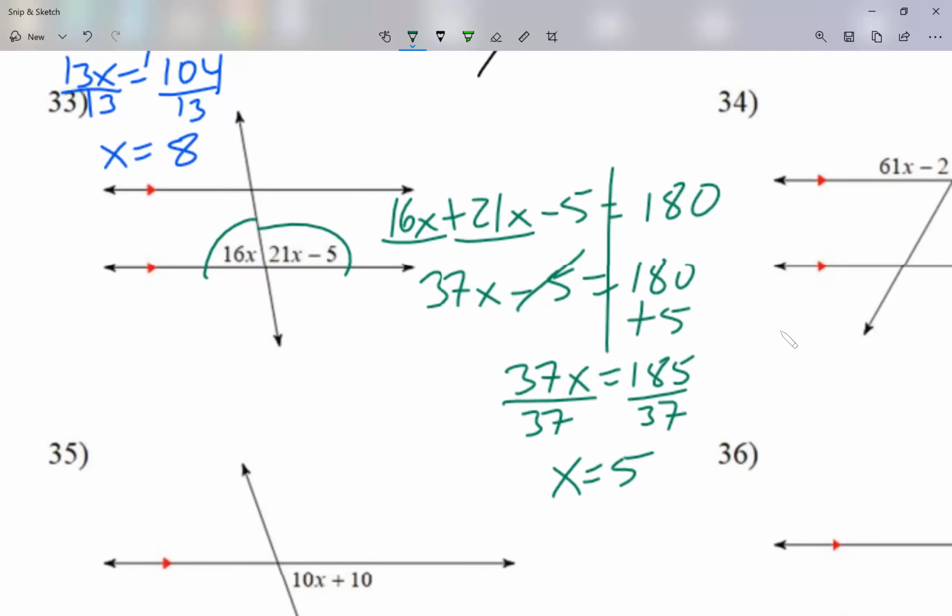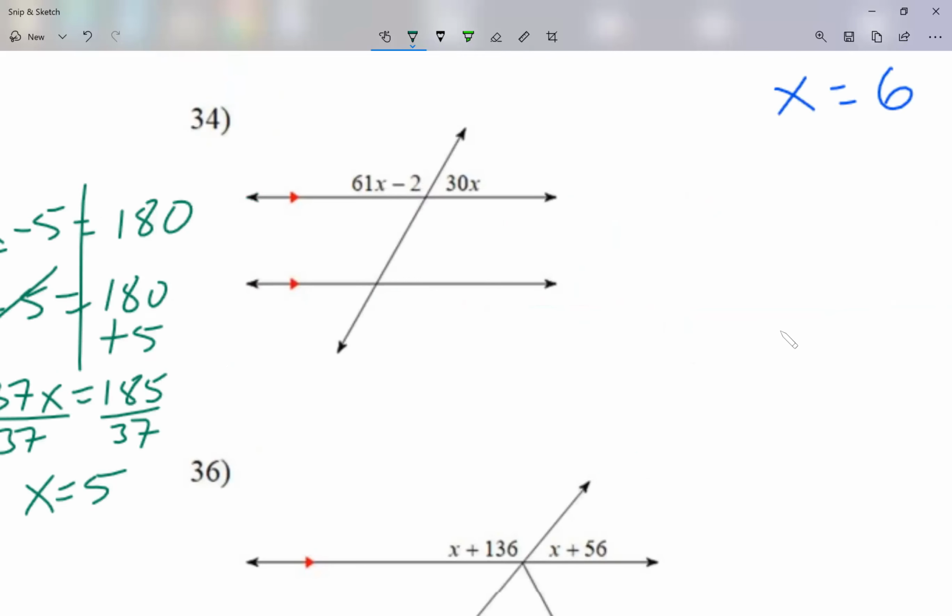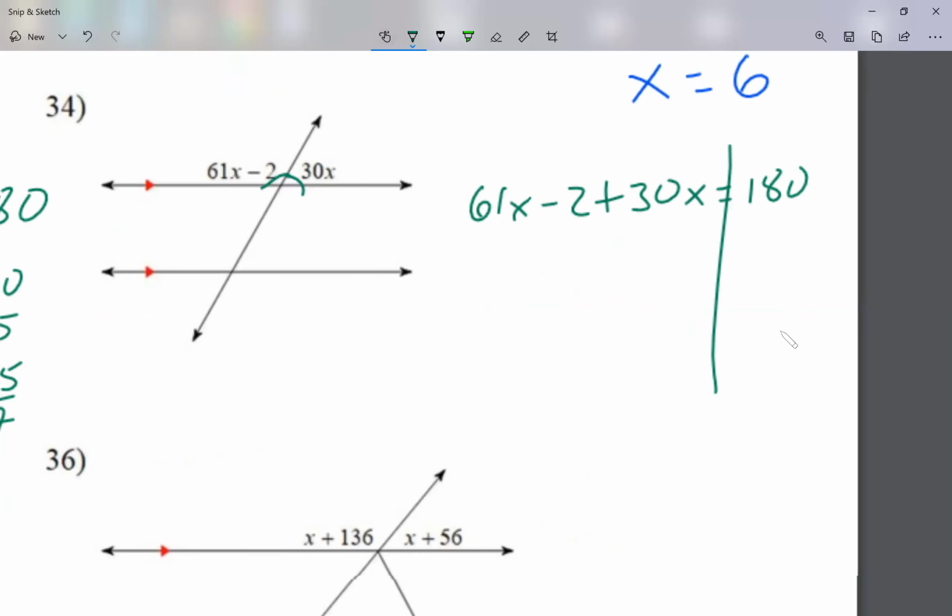That's not bad. Let's take a look at question number 34. That's linear pair again, so I can add everything and set it equal to 180. So 61x minus 2 plus 30x is equal to 180. On the left side, let me combine my like terms. 61x plus 30x is 91x.